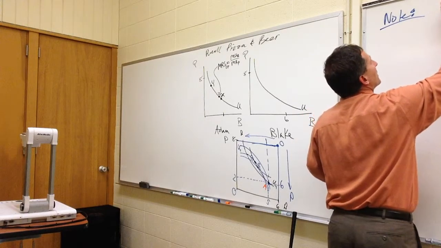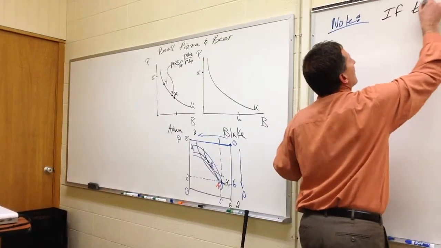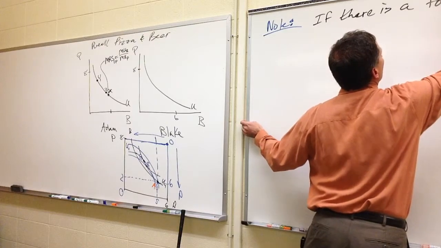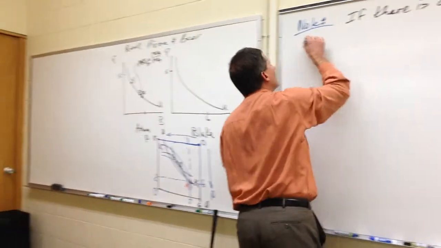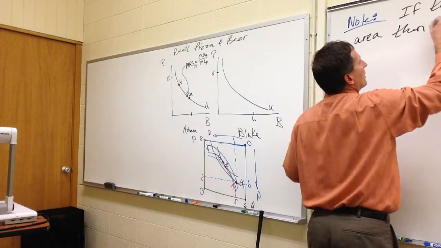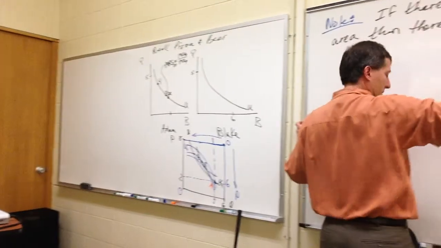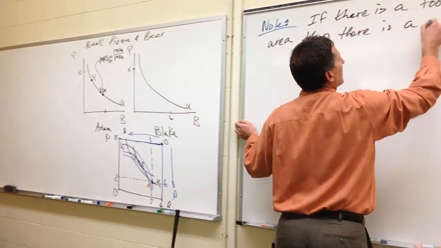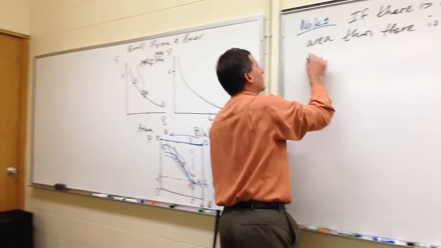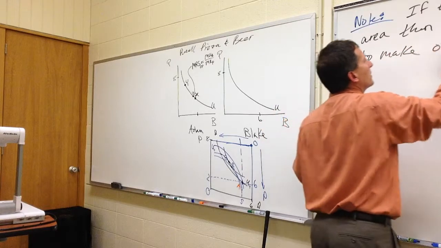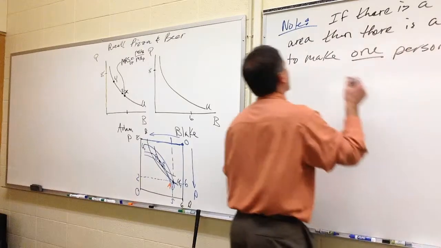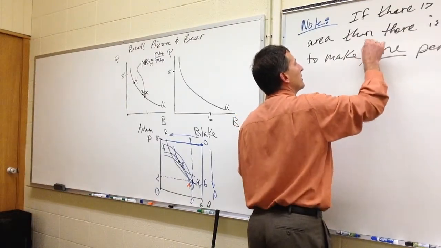All right, so a couple notes we can track on here. Let me start with in general. If there is a quote-unquote football area, then there is a possibility to make one person better off, and I should say to make at least one person better off.